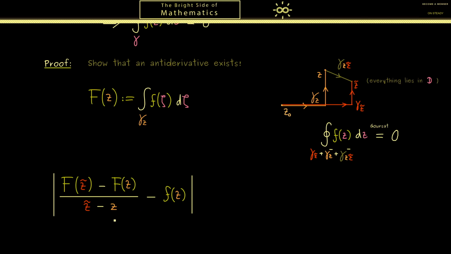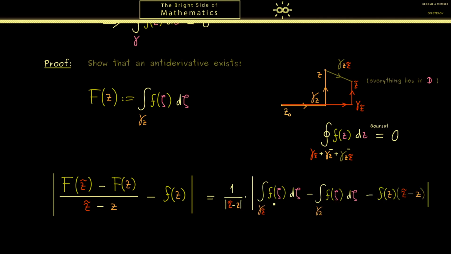So we consider the difference quotient here minus f of z. And with the absolute value we can do estimates, and in the end we want to show that the whole thing goes to 0 when z tilde goes to z. Then we simply put in the definition for capital F of z tilde and f of z. And then we see we have the difference here between 2 contour integrals.